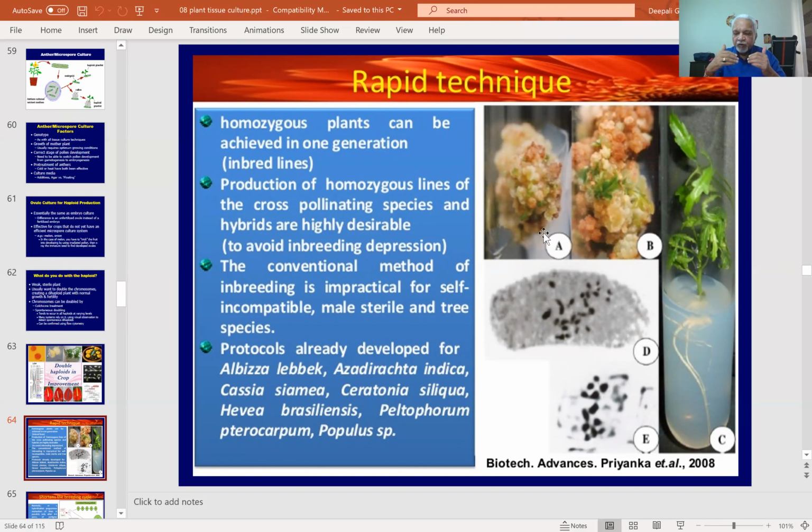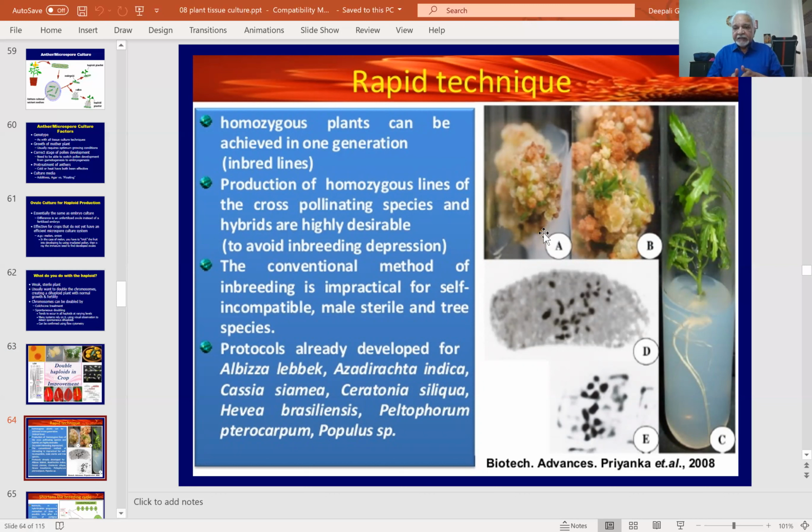In an organism, you have homozygosity as well as heterozygosity coexisting, and that is the basis of genetic variation in the subsequent generation. Capital T, small t always tends to segregate in the subsequent generation, whereas any trait which has come as capital T, capital T is fixed, and will be carried into the next generation as capital T. So genetic variability is seen because of heterozygosity, and that is the point of concern.